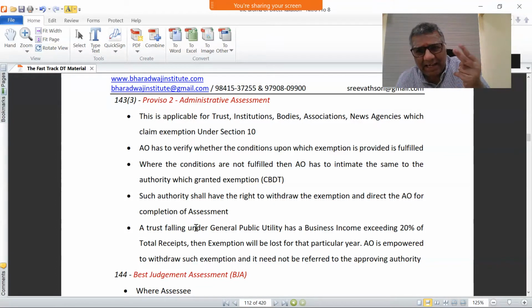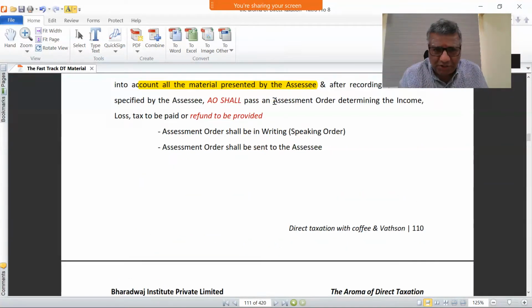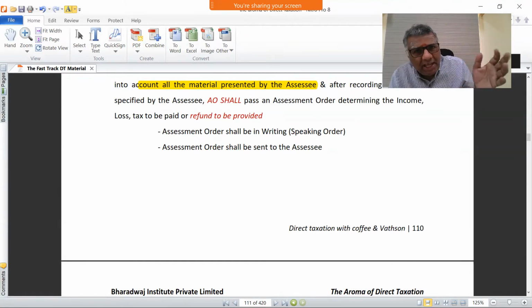Then there is a second methodology called administrative assessment. Please understand, the first proviso is assessment. The second provision, even yesterday I was telling you, exemptions are claimed by various institutions: news agency, scientific research institution, scientific research association, specified funds.